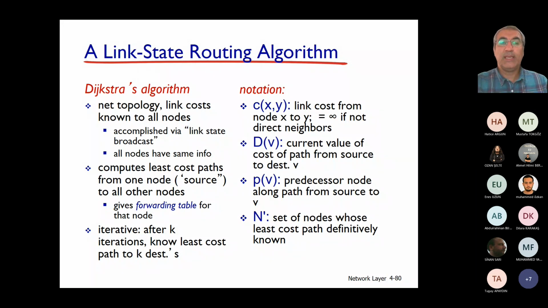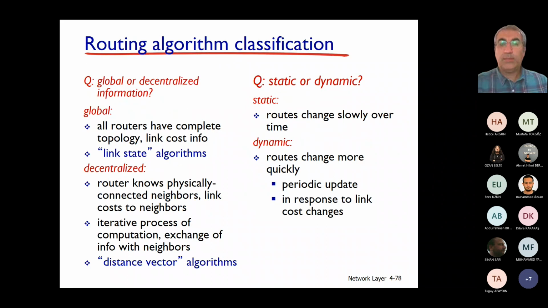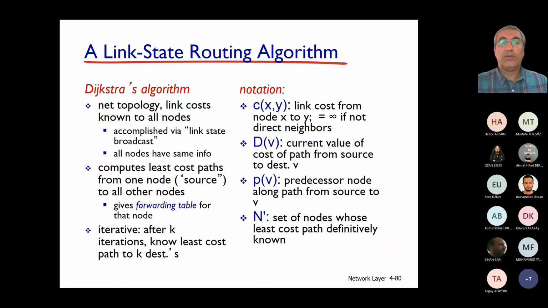You may have heard about this name. The network topology and link costs are known to all nodes, based on the global approach, as you know. Remember, this is a link state algorithm, and one of the most popular ones.